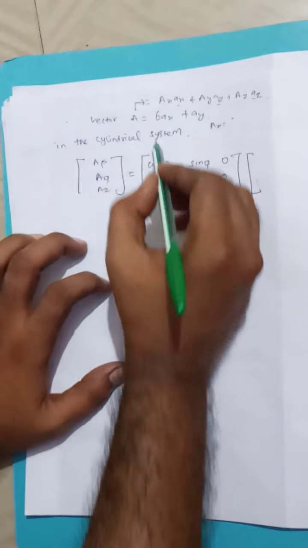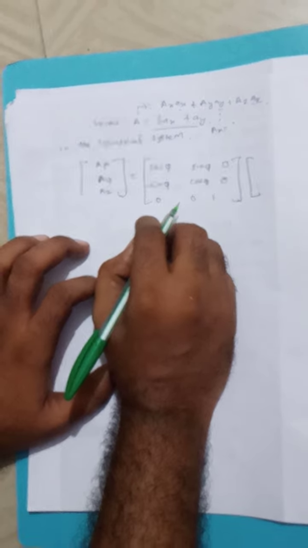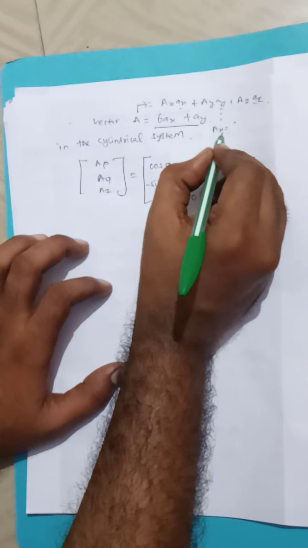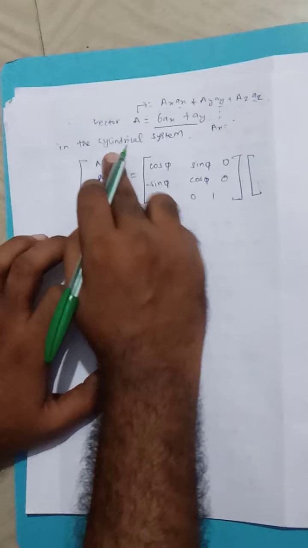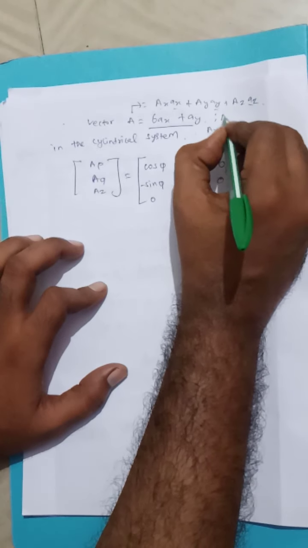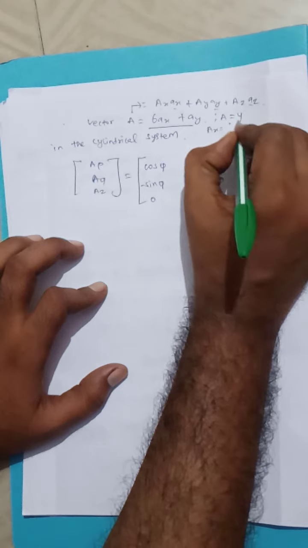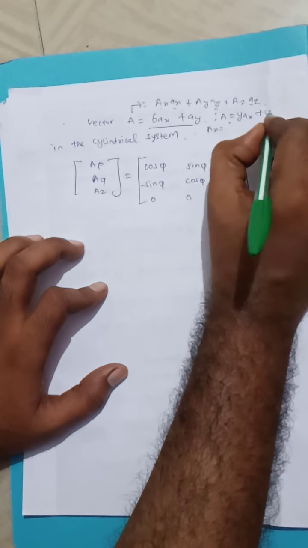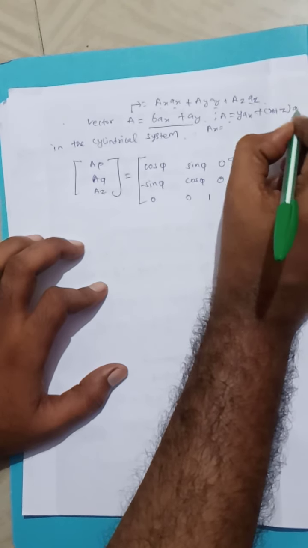This is for a Cartesian coordinate, but we need the generalized formula. We cannot simply substitute values of A_x, A_y, A_z here because we are going to have cylindrical system coordinates. So we first use the generalized expression given in the question, which is y a_x plus (x plus z) a_y.